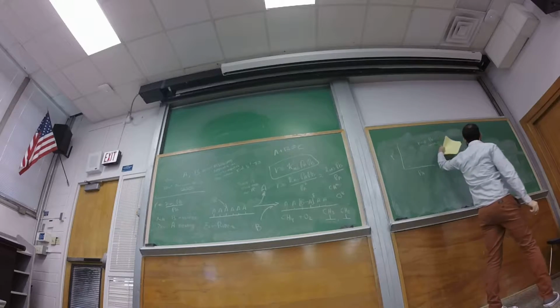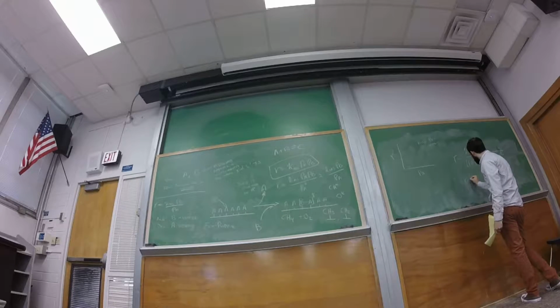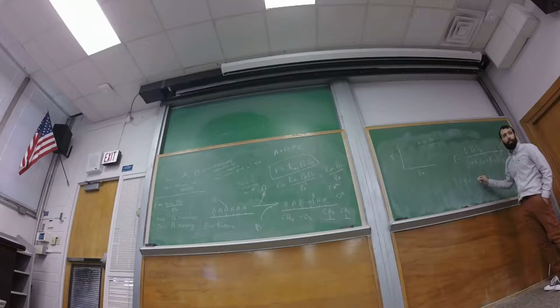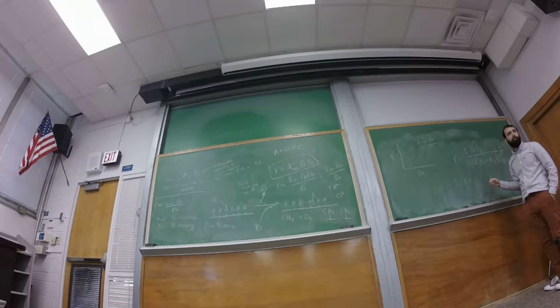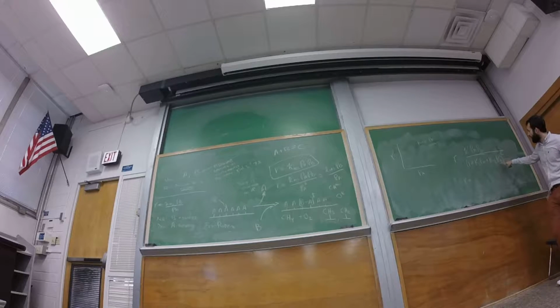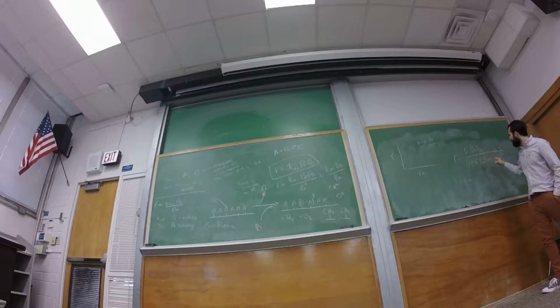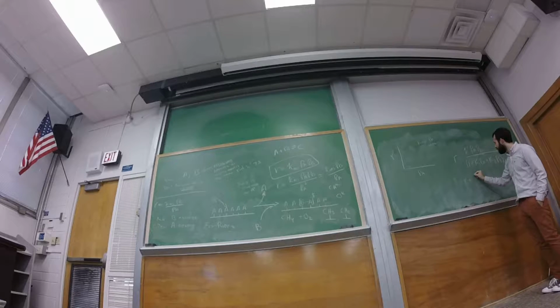So first of all, what does this do to this equation? If the pressure of B is constant, can I simplify this equation? How? If I divide through everything by K2 over PB, which is what you're saying, then yeah, you get it here, and here, and eventually you can just essentially push it into the rate constant.